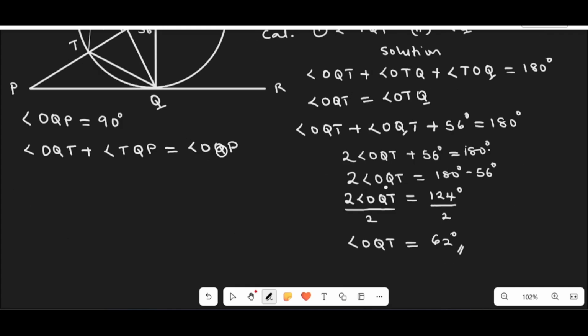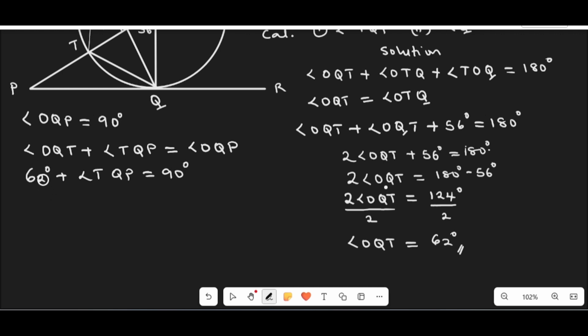Angle OQP is 90 degrees. Angle OQT is 62 degrees. So let us substitute them into this equation. 62 degrees plus angle TQP equal to 90 degrees.